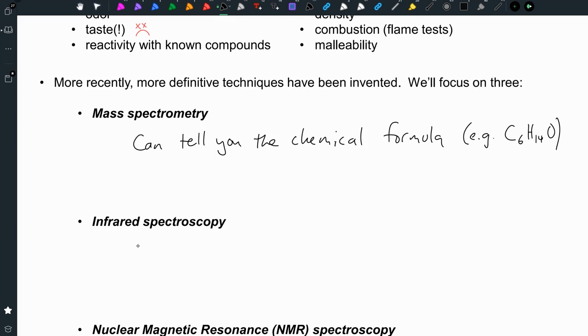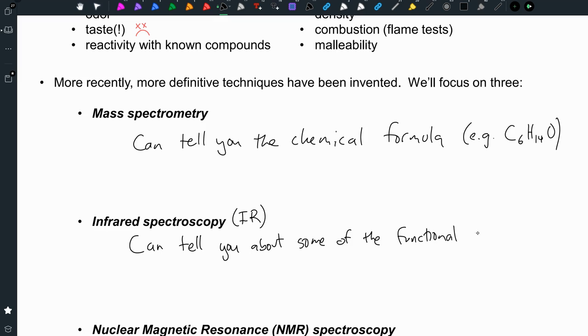We'll also look at infrared spectroscopy, or IR spectroscopy, and that can tell you about some of the functional groups that might be present in your molecule.